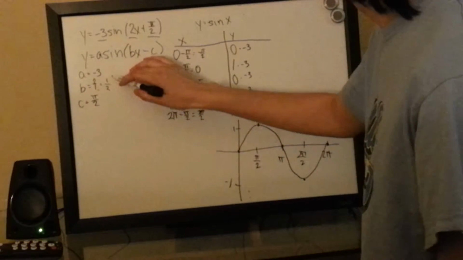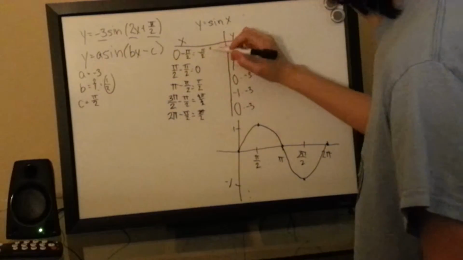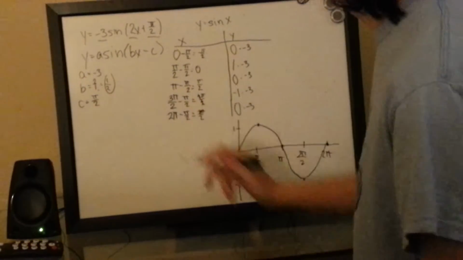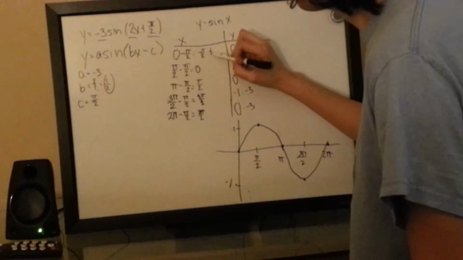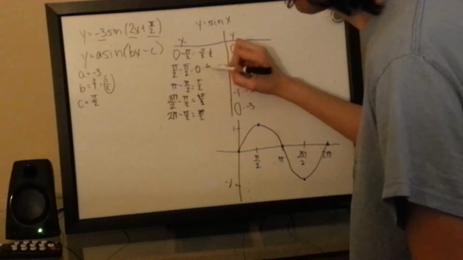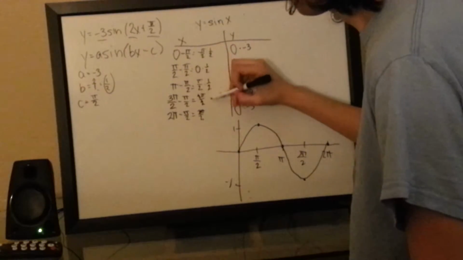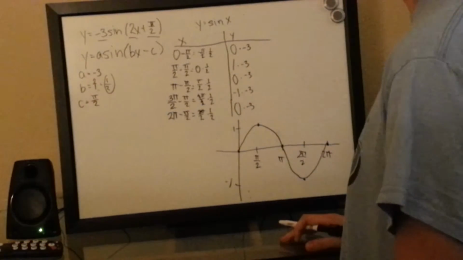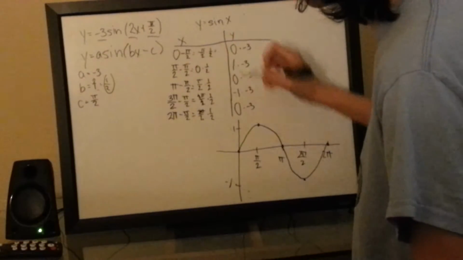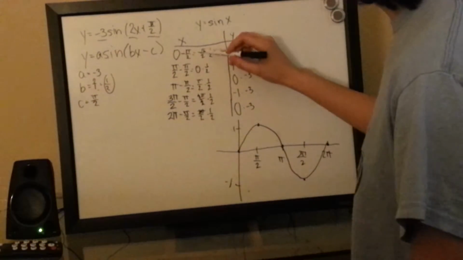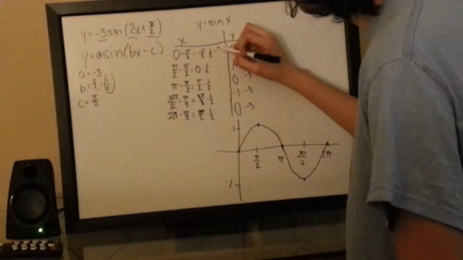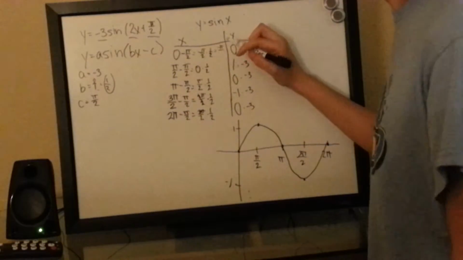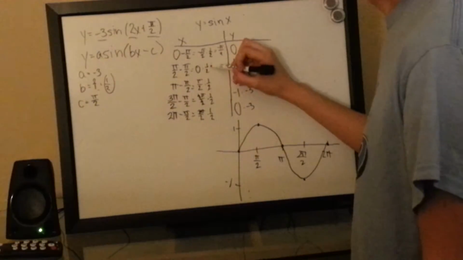And we would take this reciprocal value and multiply it by the values we got after we applied c. So it would be times 1/2 for each value. So negative pi over 2 times 1/2 is negative pi over 4, 0.